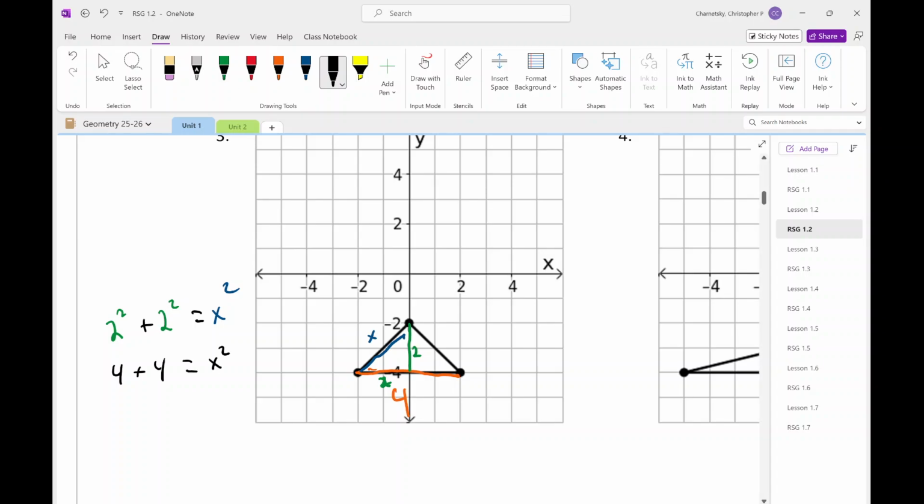And we still have x squared, so 4 plus 4 is 8. Take the square root of both sides, and we get x is equal to the square root of 8, which is true for both sides.